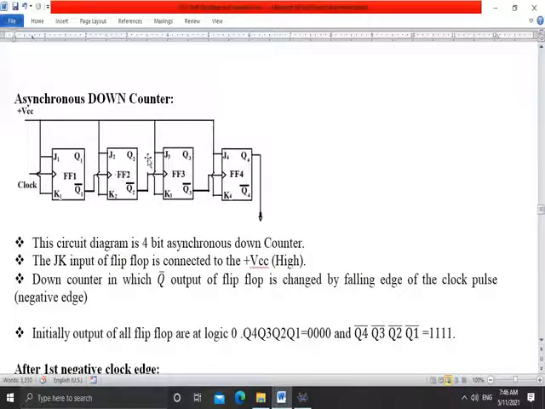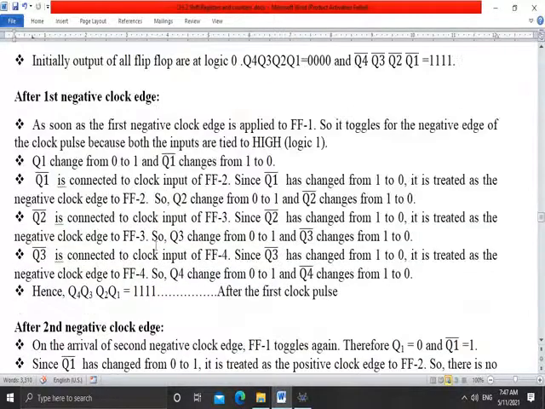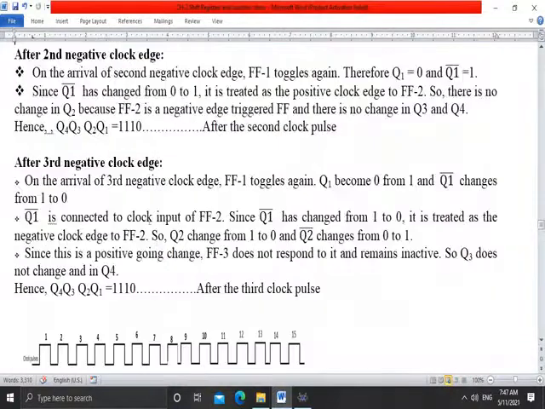So it changes, meaning its output Q2 becomes 1 to 0 and Q2 bar becomes 0 to 1. 0 to 1 is a positive change for flip flop 3, so flip flop 3 does not change. So what is changed? Flip flop 1 is changed from 0 to 1 and flip flop 2 is changed from 1 to 0. So you have to write this in the working.